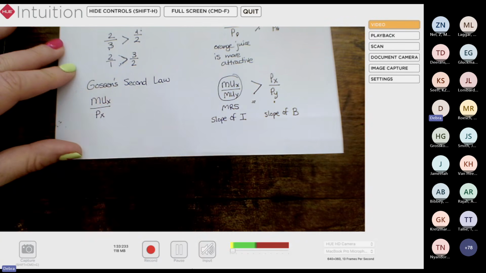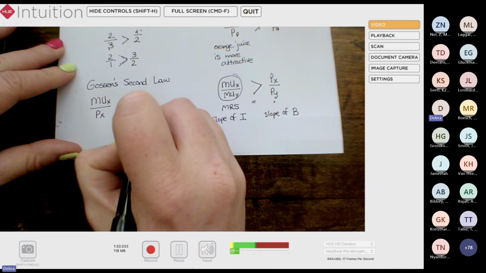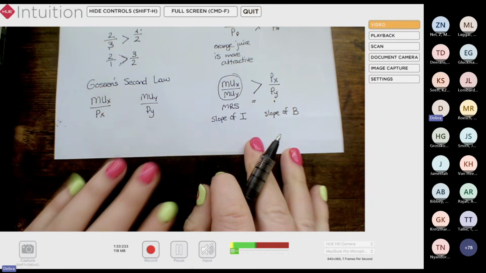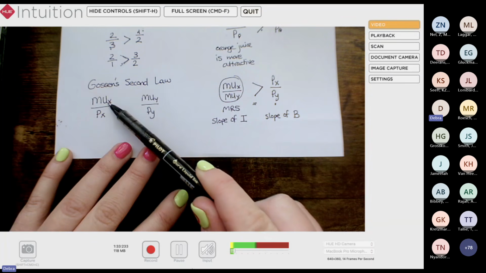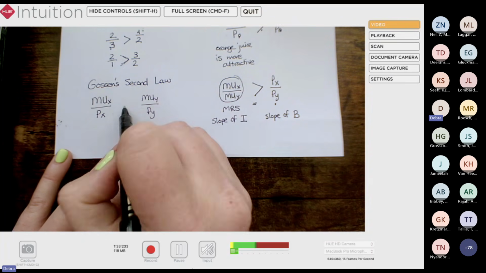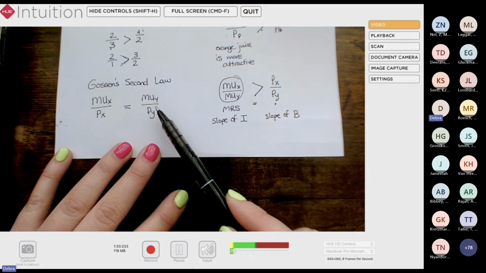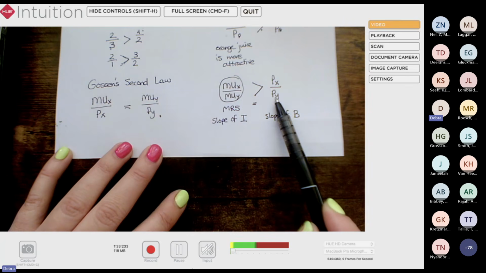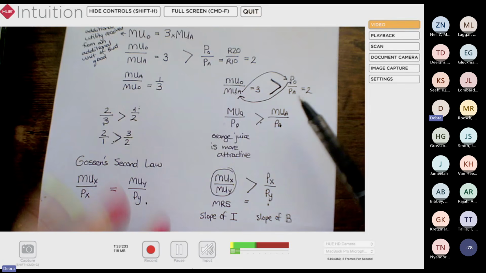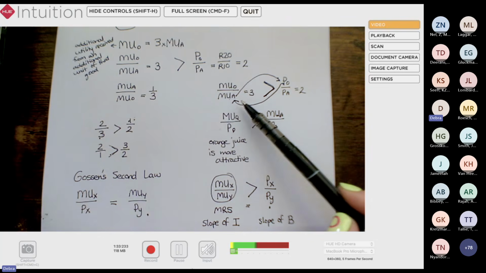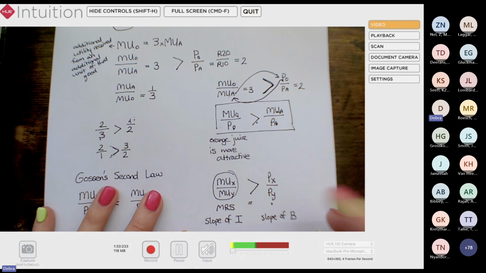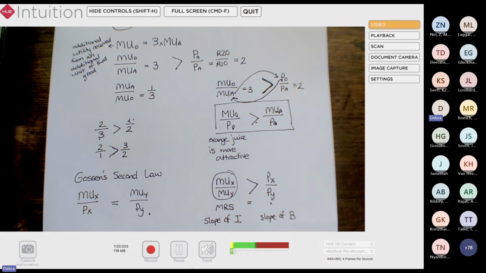And that will give us the same conclusion. So if the marginal utility that we get from spending 1 extra rand on X is equal to the marginal utility that we get from spending 1 extra rand on Y, that is exactly the same condition as making my MRS equal to my relative price. So I did this cross multiplication in order to reason with Gossen's second law, which tells us how the marginal utility per rand compares.